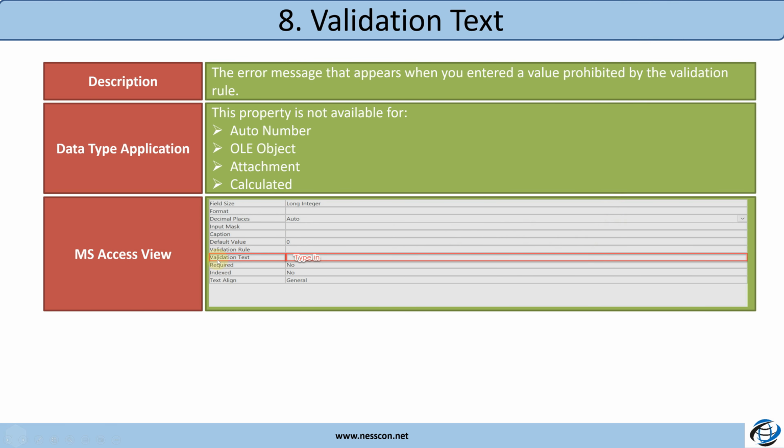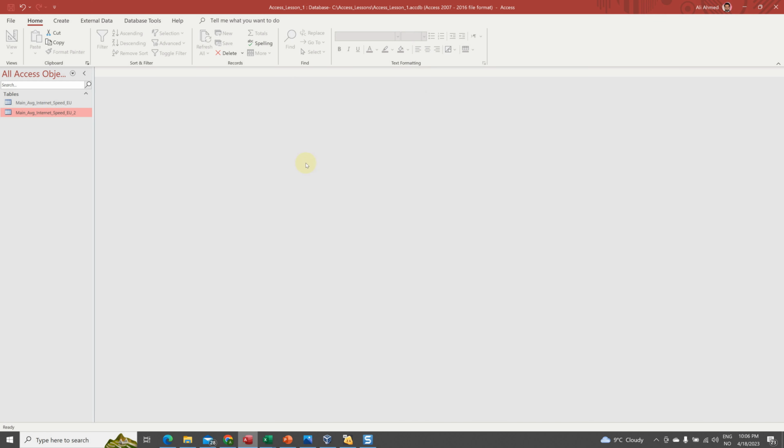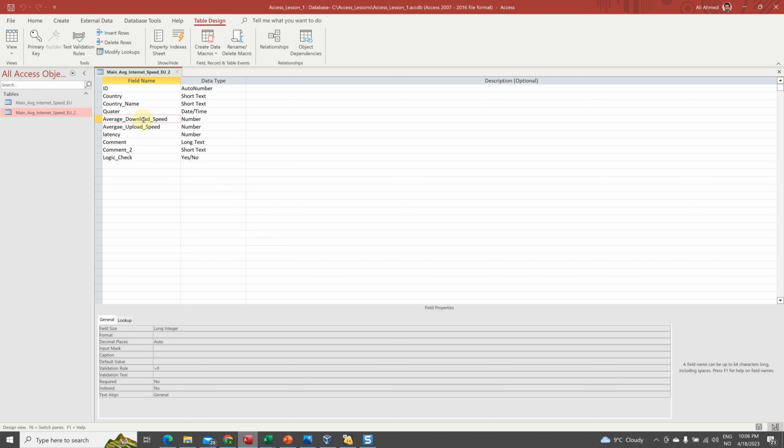This is how validation text looks, and you can type in over here. The options are type in. So let's go to Access and try this property. Let's go to the design view and click on field name. Let's say we select average download speed.